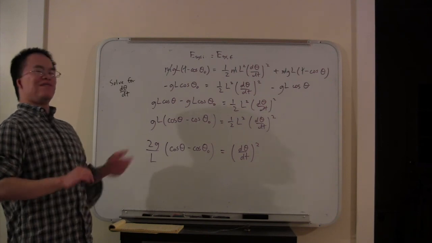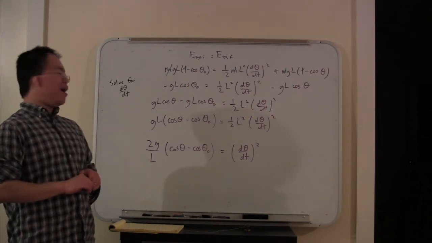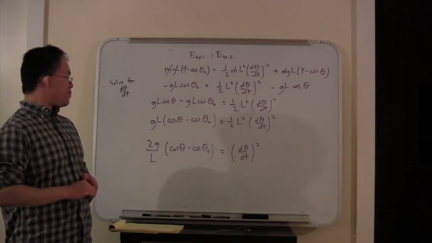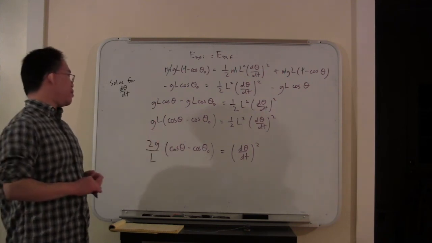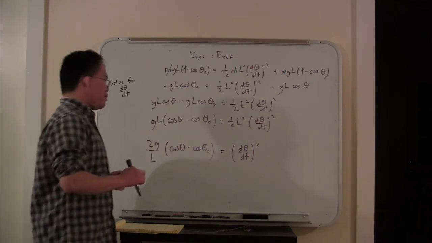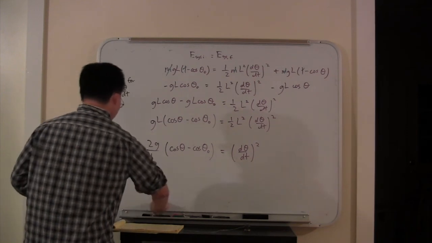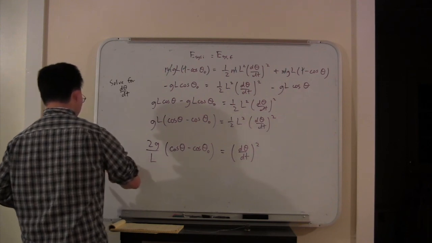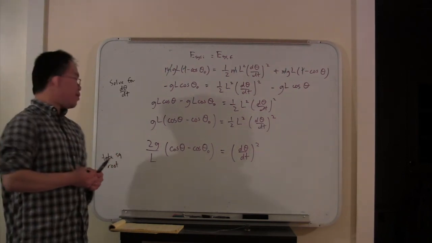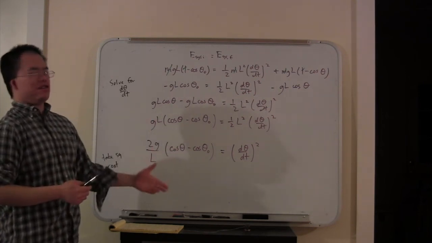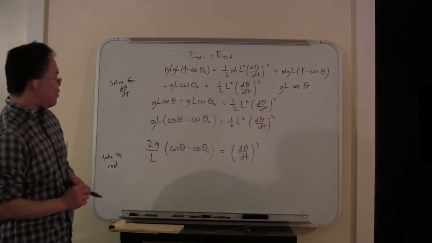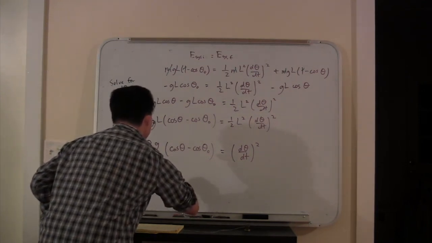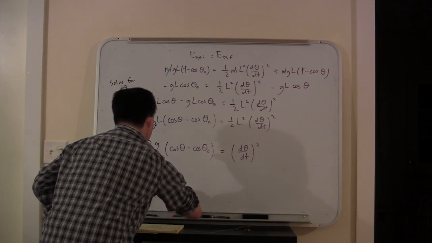So we're getting better. It's not yet maybe clear how we can solve this, but we're at least driving towards a differential equation for d theta dt. Well, what I'm going to do now is take the square root of both sides of this. I'm just going to flip the sides around, so I'm going to end up with d theta dt.